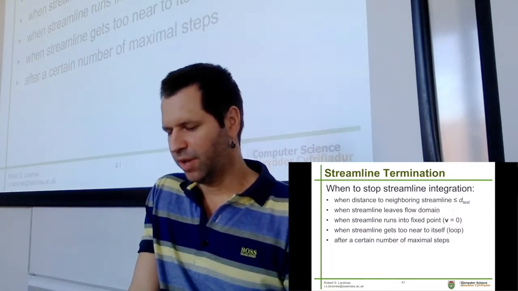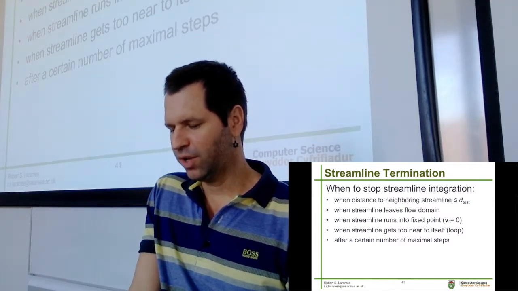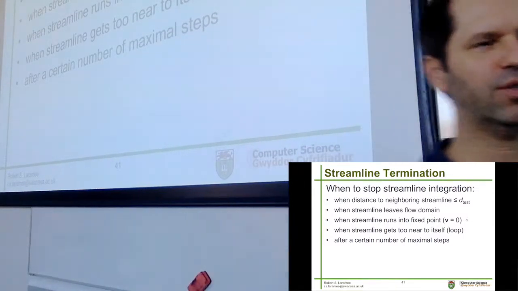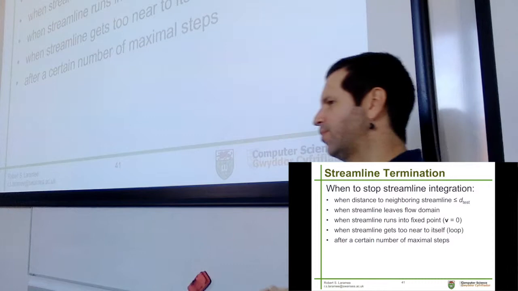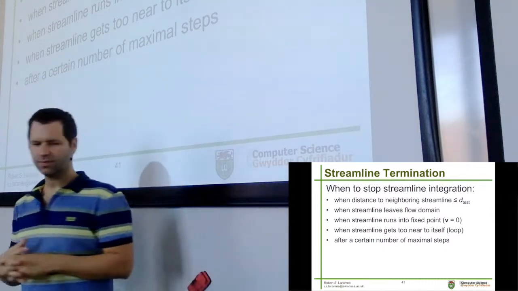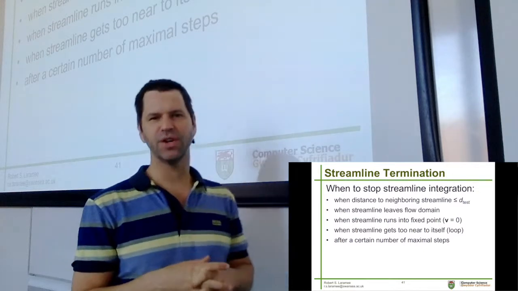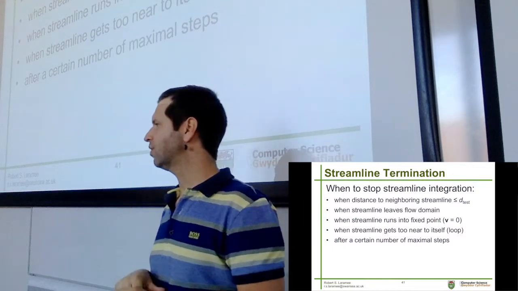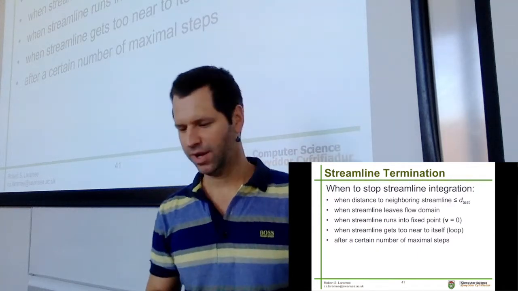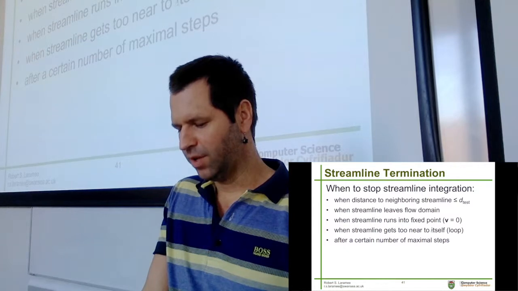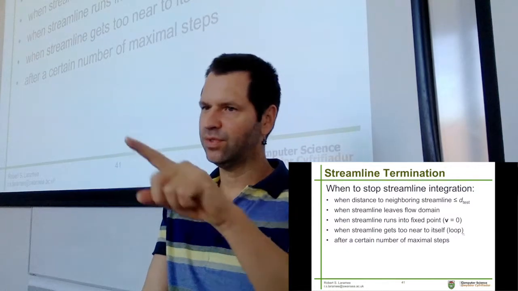It's also terminated when we hit a critical point. That's an area in the vector field where the velocity is 0. That's called a sink. That's a sink, and we saw an example of that last Monday in that nice little animation of the streamline integration. We also terminate a streamline when it overlaps with itself, so that can happen.